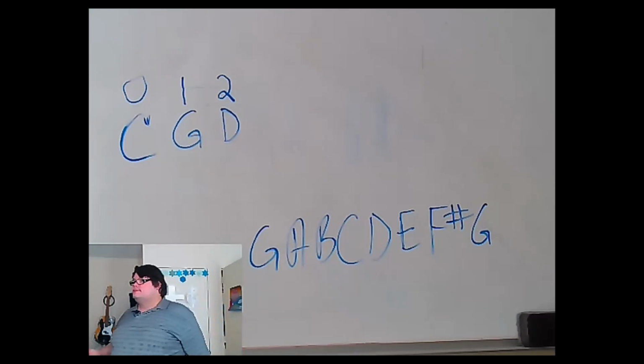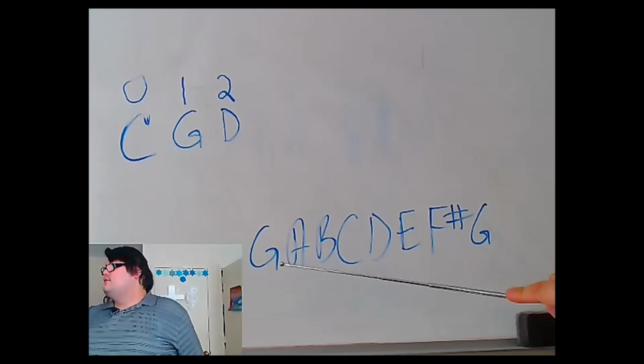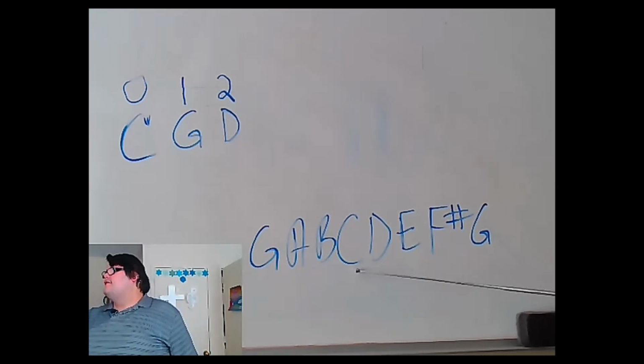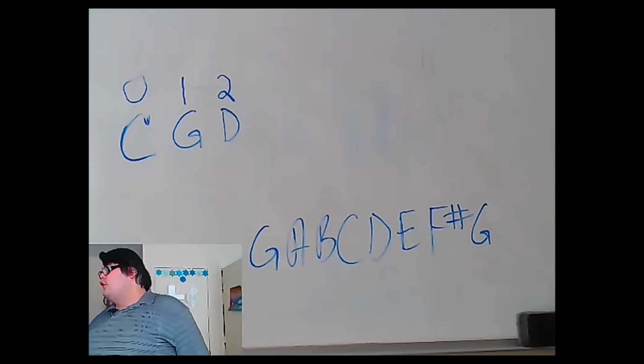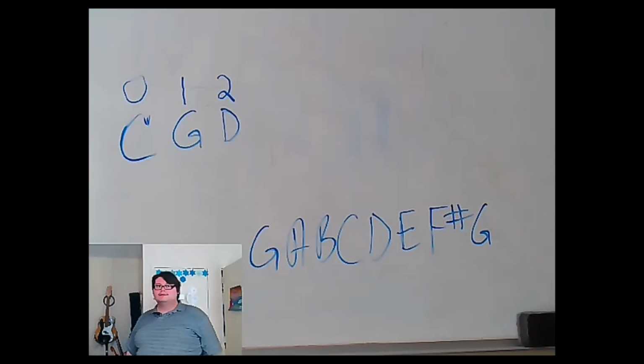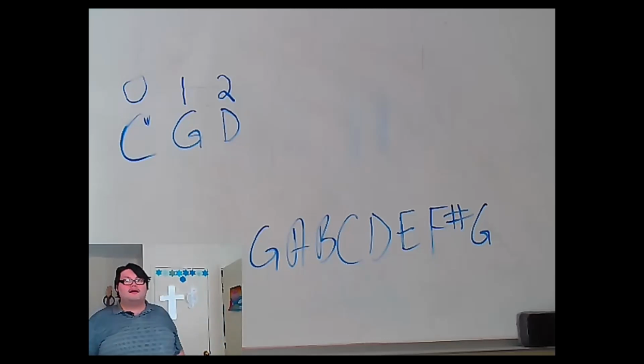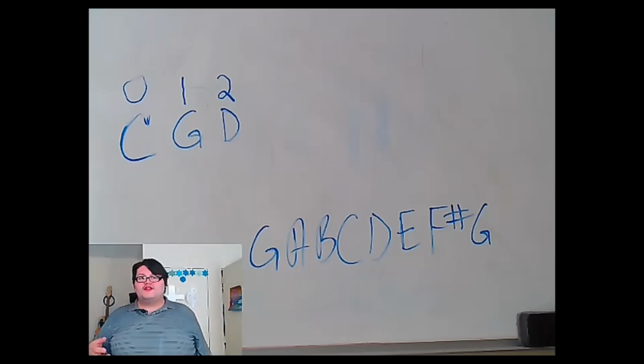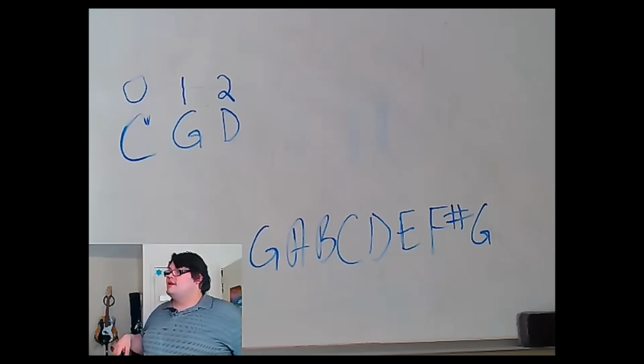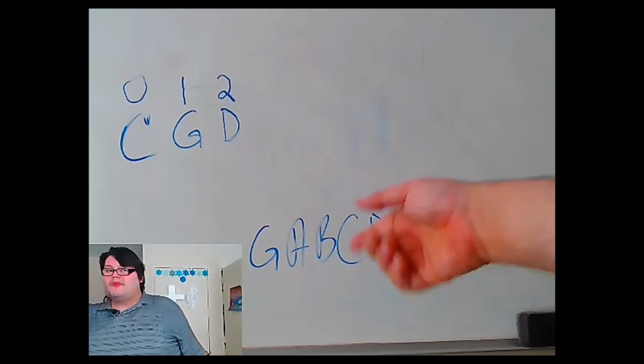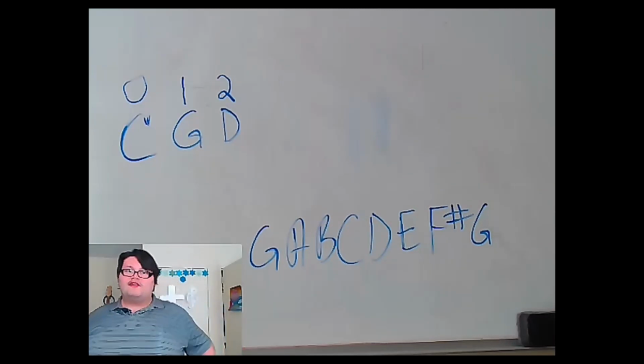Now we're going to count. 1, 2, 3, 4. So the 4 is the C. Now remember when I said that you can also use the circle of fifths or fourths to determine when we want to subtract sharps?